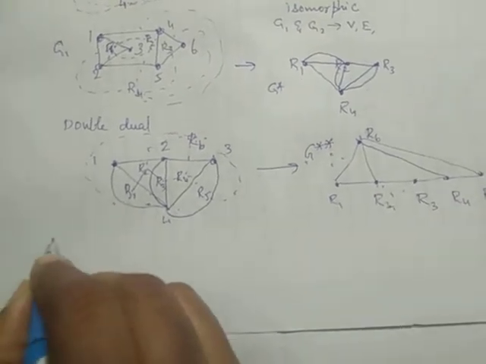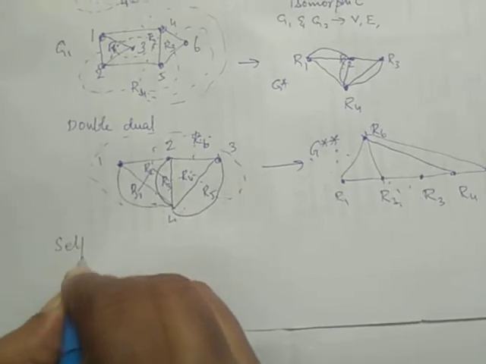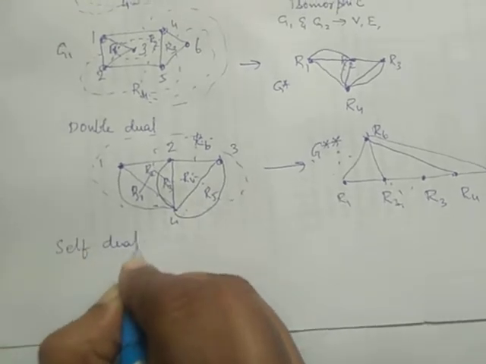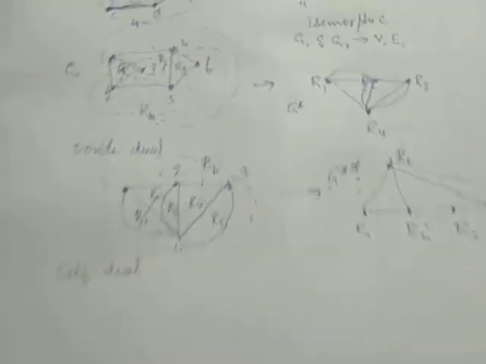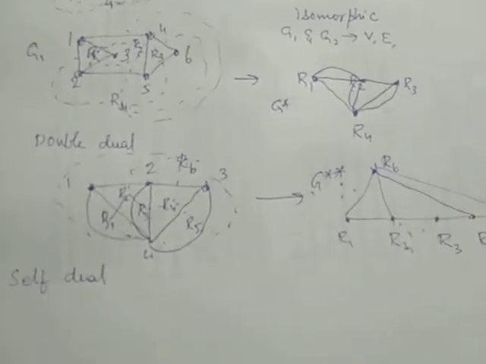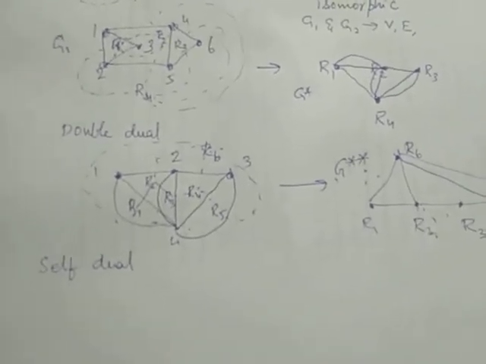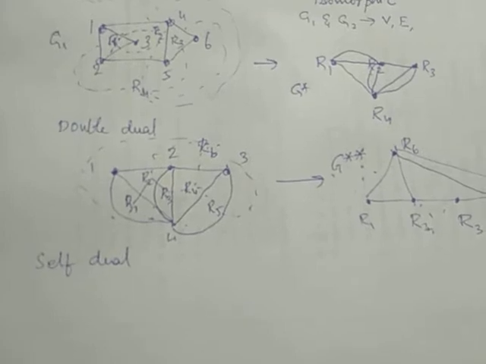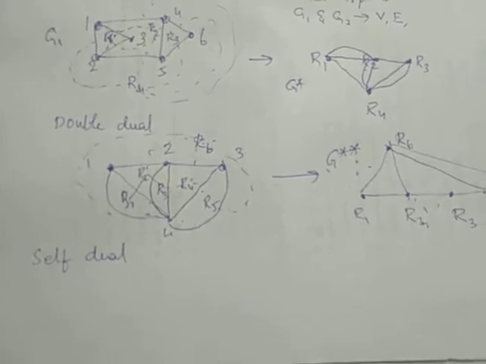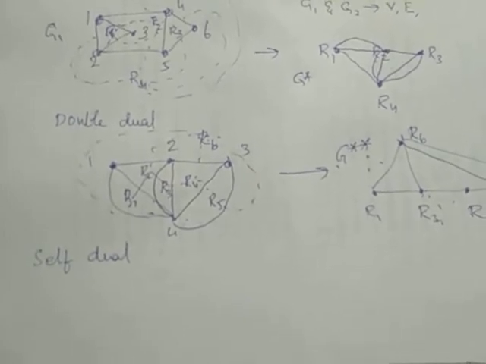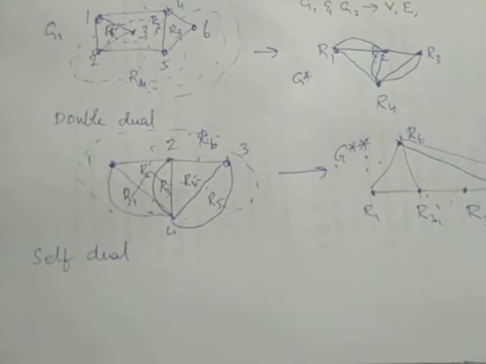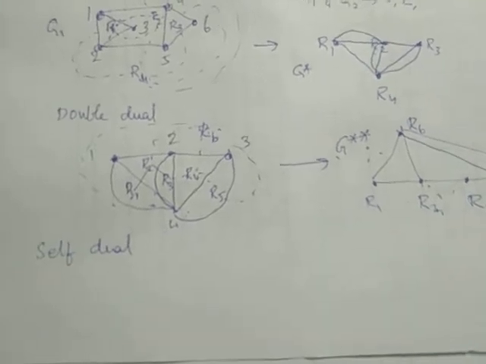The next topic is self-dual. What does self-dual mean? A planar graph G is said to be self-dual if G is isomorphic to its geometric dual G star. So G and G star should be isomorphic to each other.